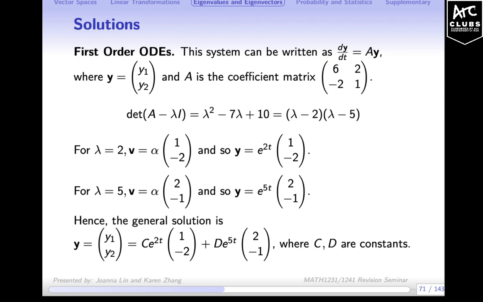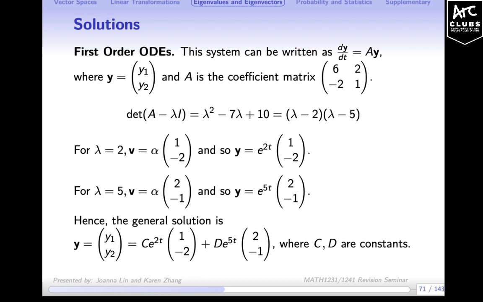Okay, so from here, we want to find the eigenvalues and the eigenvectors. Hopefully, you guys are okay with this right now, so I've just skipped some steps. Eigenvalues are 2 and 5, and you row reduce and you find the eigenvectors are these two here. So you have two solutions essentially to your system.